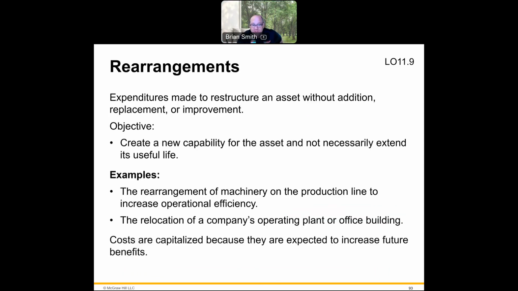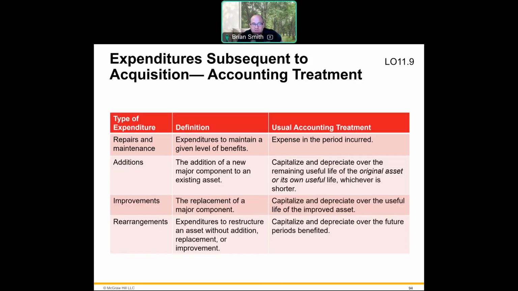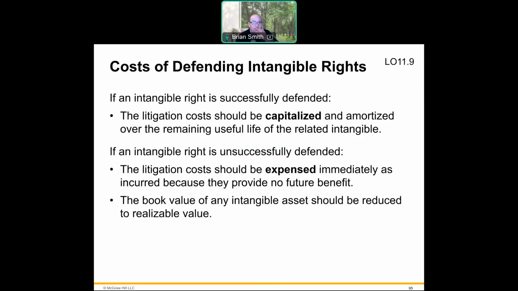This last part I'm kind of glossing over, because these are a lot of little things. You need to know them, though. Costs for defending intangible rights: I listened to a guy who had a patent and defended it.